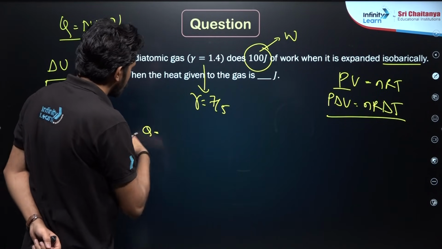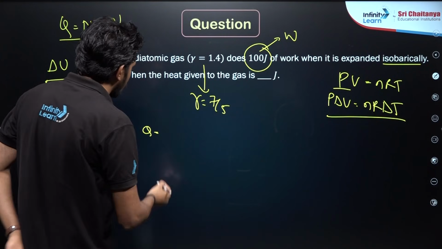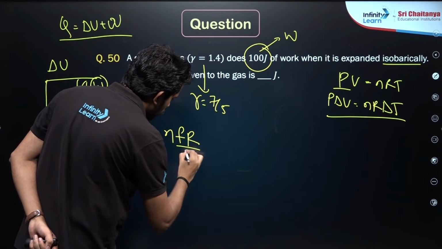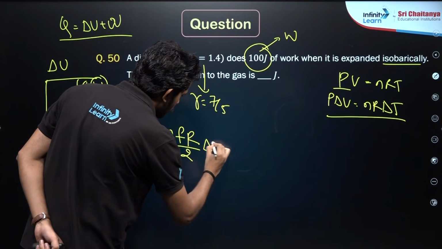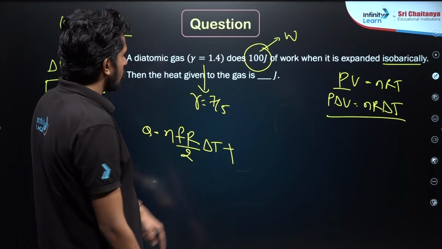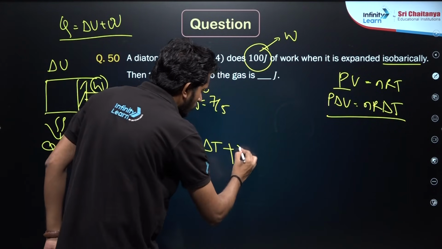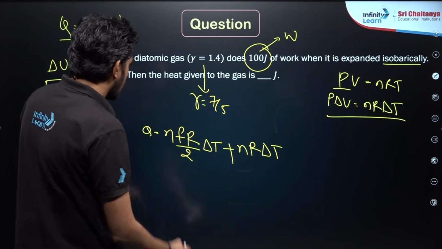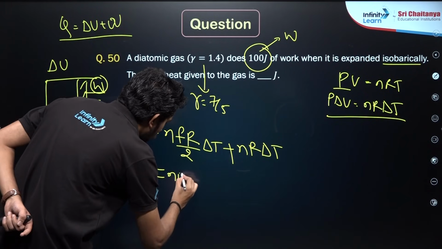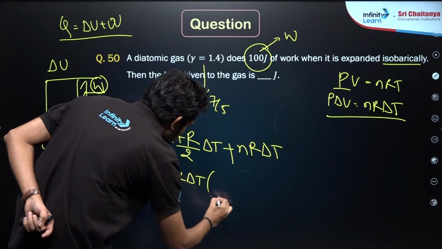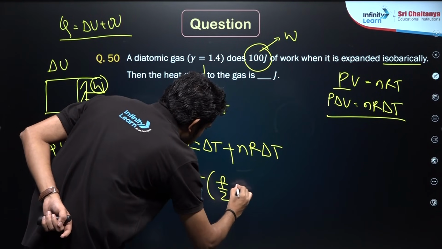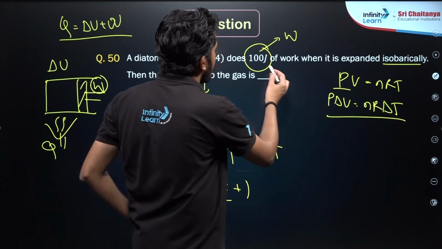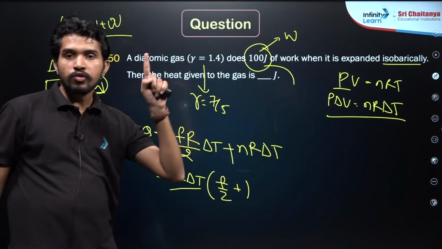Q equals delta U, change in internal energy, which is f by 2 nR delta T, plus work. Work is nR delta T. I took nR delta T common, so left with f by 2 plus 1. And nR delta T is the work, and the work value is given, 100 joules.